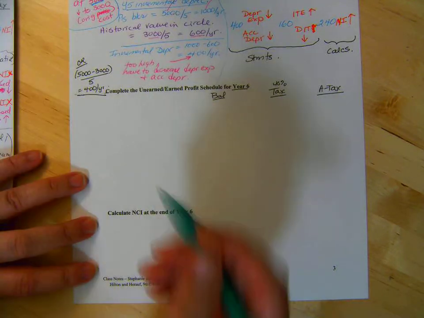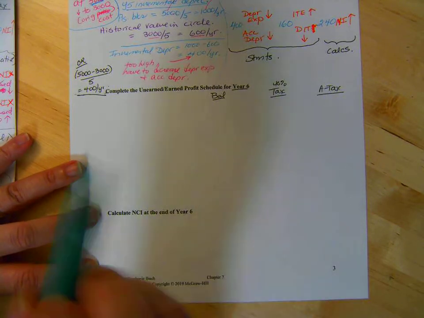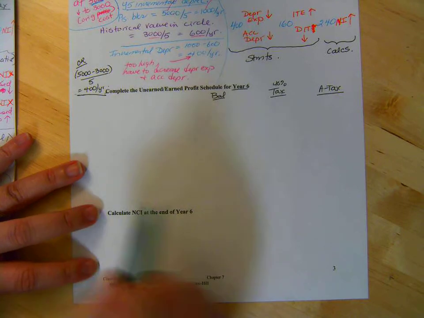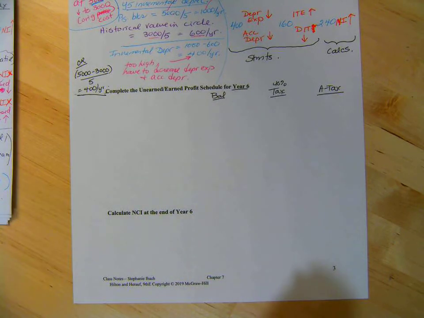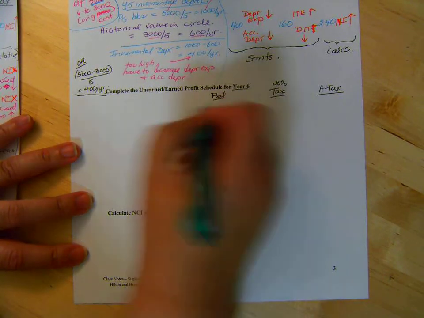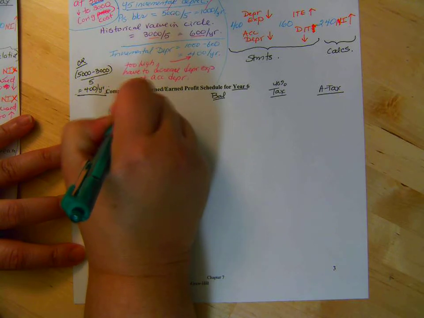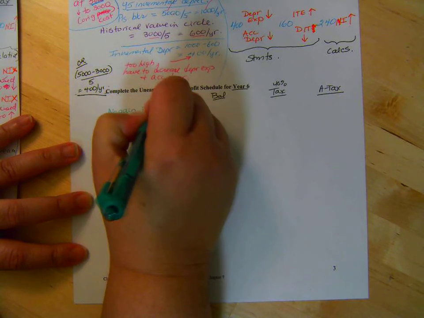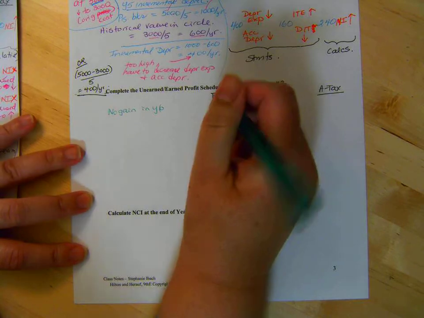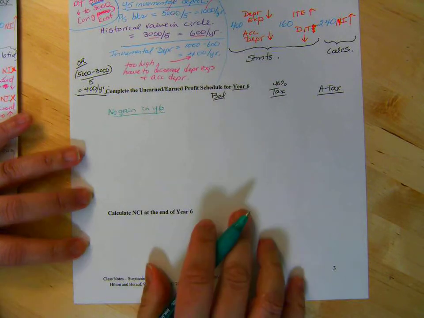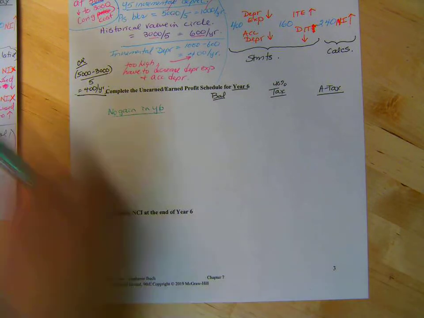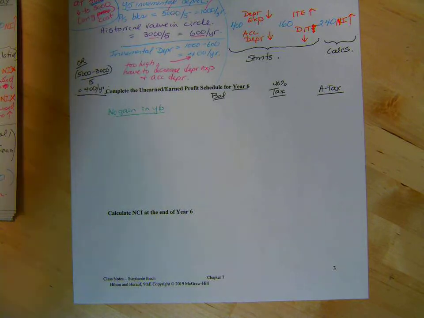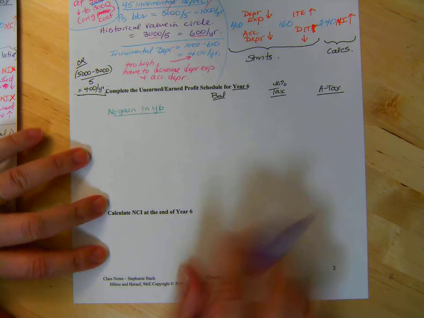So it's year 6. Did they actually sell the equipment upstream in year 6? No. So there's no gain in year 6. But we do need year 6 incremental depreciation.